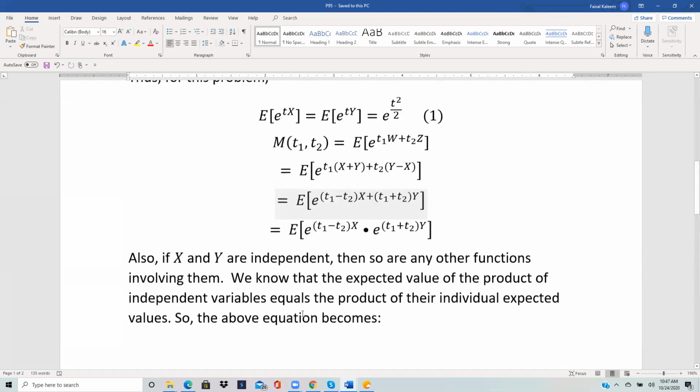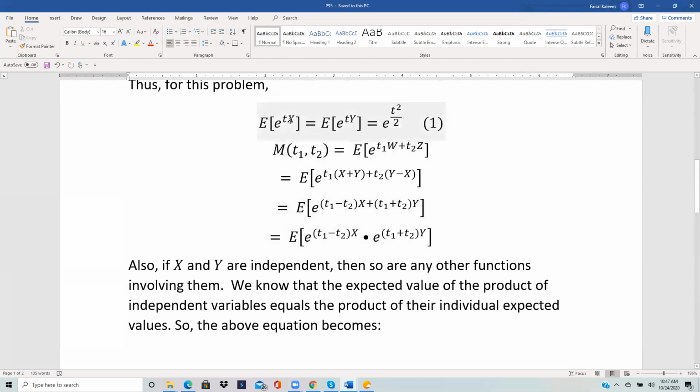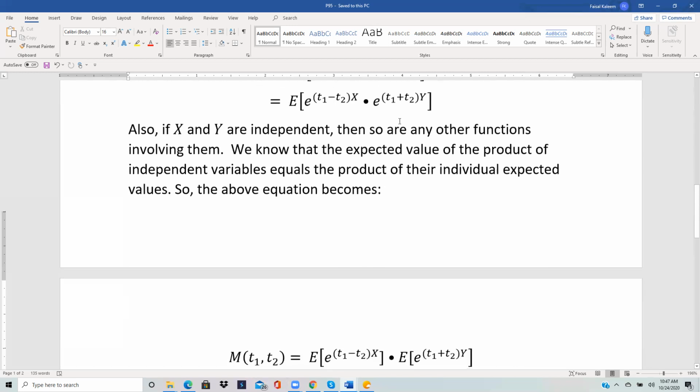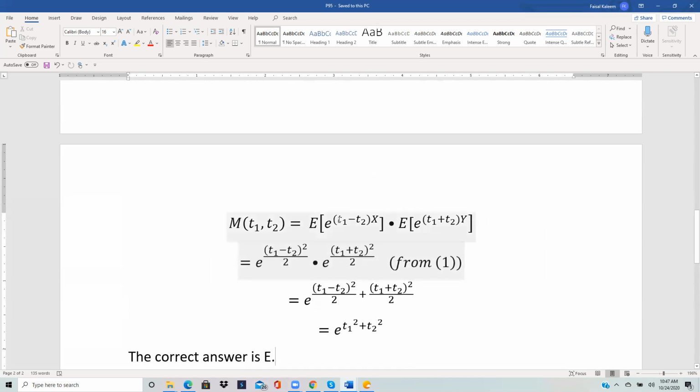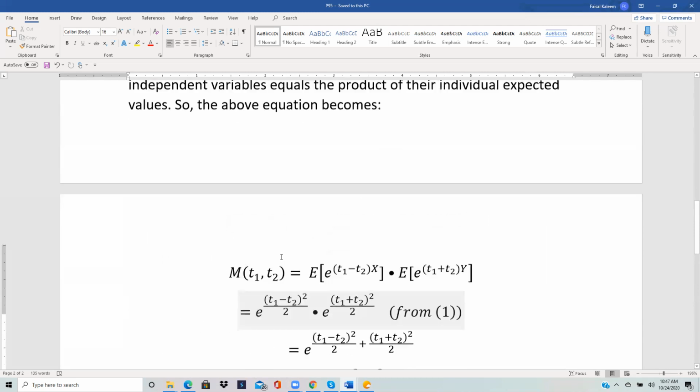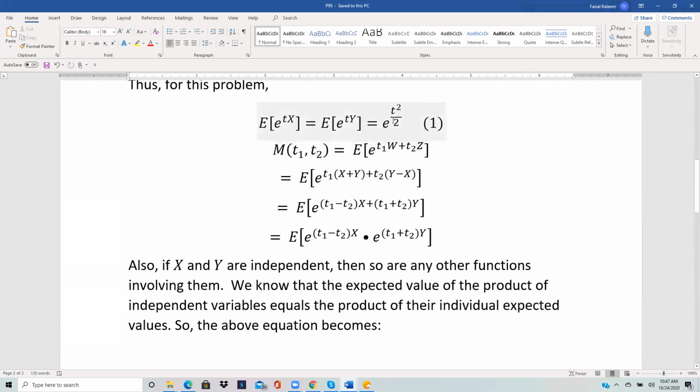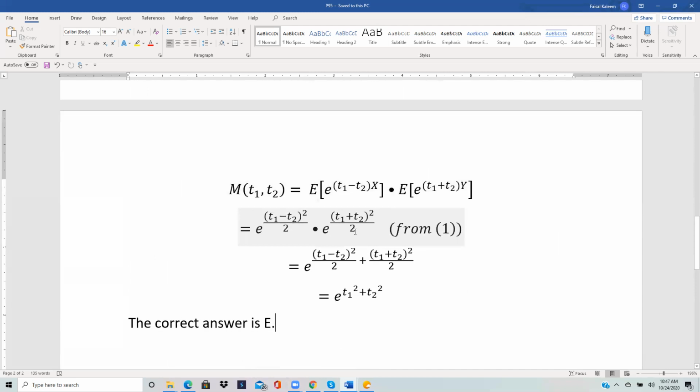The way to read this is that whatever comes with the X, it's that coefficient squared divided by 2. So here t1 minus t2 comes with the X, so it's that squared divided by 2, and the whole thing is in the power of e. Exactly the same thing for the other one.